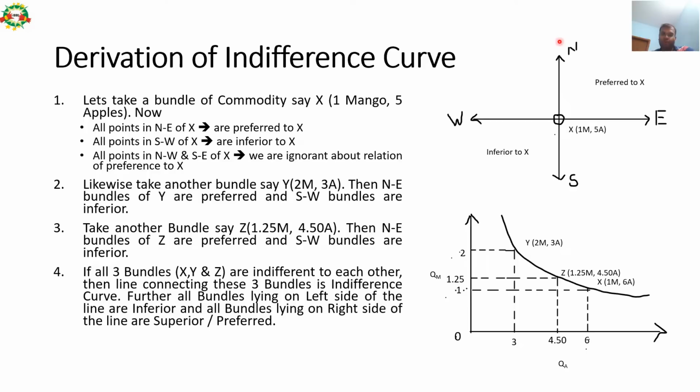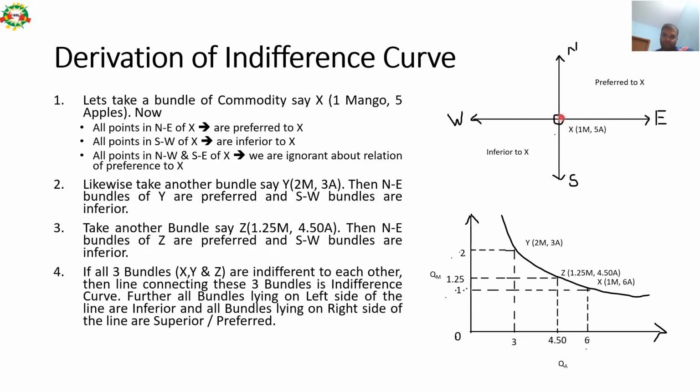If we draw north-south axis and west-east axis on this point, all combinations falling in this northeast zone shall be preferred over X combination, and all combinations falling in this southwest zone will be inferior to the combination X in terms of satisfaction level.